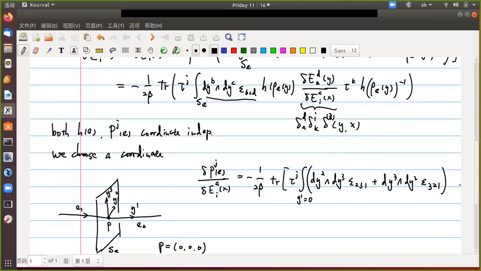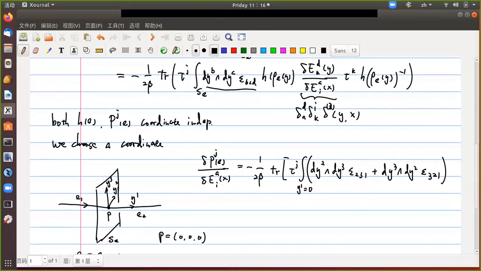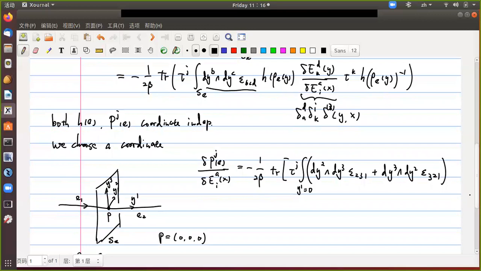And now you can see that when B and C have to be 2 and 3, D has to be 1. So you can replace every D with 1. So here, delta dA becomes delta 1A.